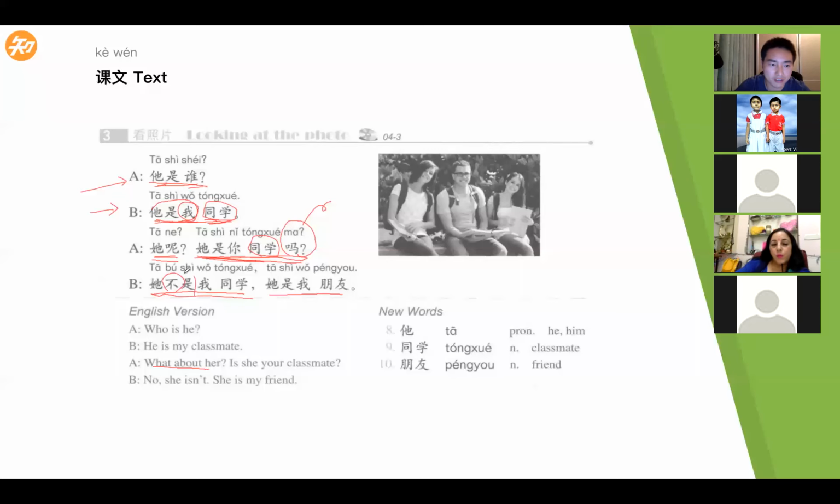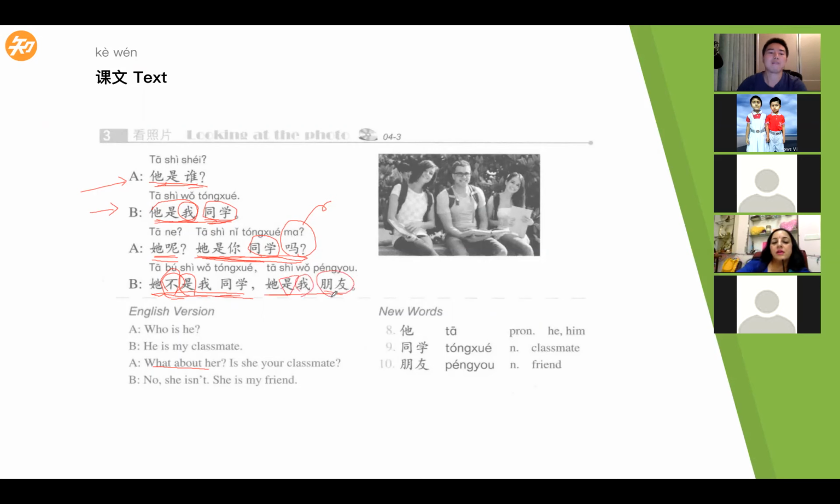是 is the fourth tone, right? 不 placed before a fourth tone becomes the second tone. So 她不是我同学 is pronounced like this. 不 means no or not. So she is not my classmate, she is my friend.